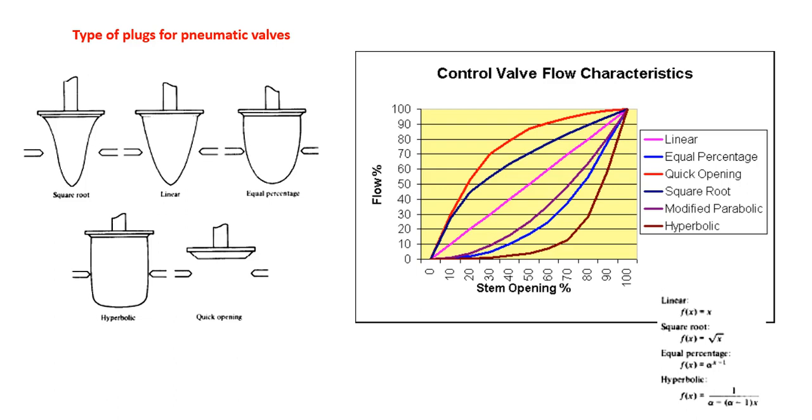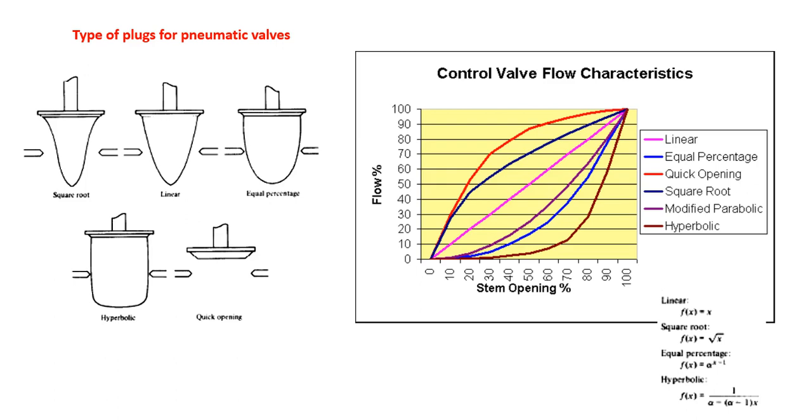And then if you see in the graph, let's talk about first the linear. Linear means a straight line. The more you open, the more you have the flow rate. So flow rate and the stem position have a linear relation with each other. Similarly, we have equal percentage, quick opening, square root, then modified parabolic and hyperbolic.